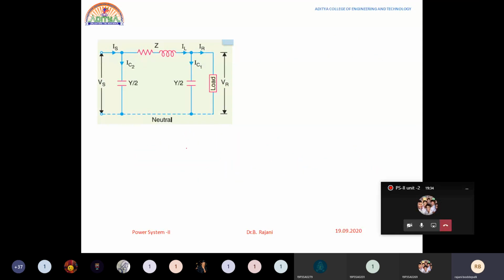Now what should I calculate? The sending end voltage. What is that sending end voltage? Vs is equal to VR plus IL into Z, the line current into the impedance Z. Now, what is this VR?